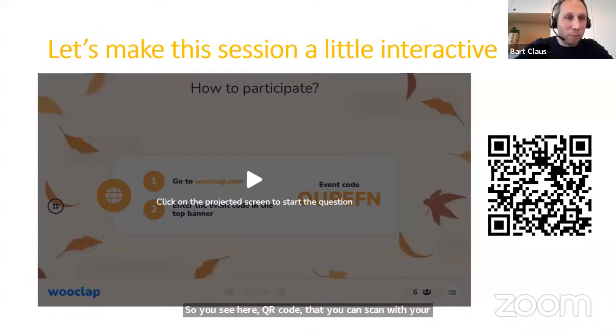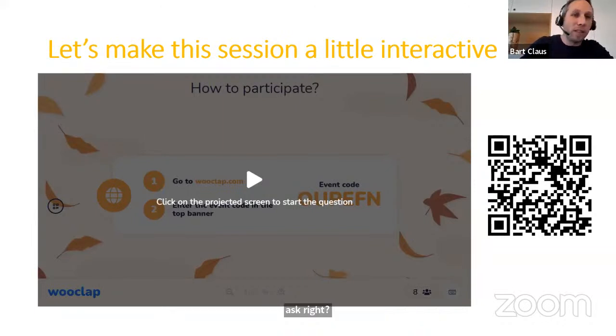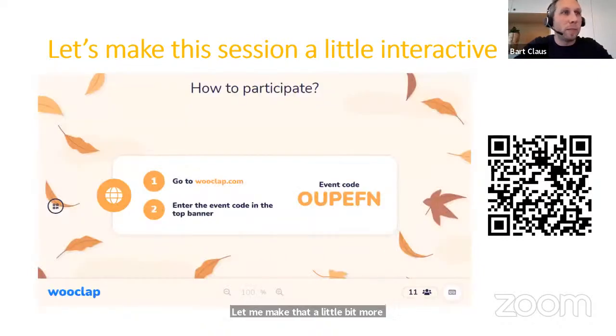And then you end up at a page where you can contribute answers to some questions that I will ask. Right? You can also just go to Wooclap and put in the event code that you see here on the screen. Let me make that a little bit more visible, like this. So this is the event code that you can use.